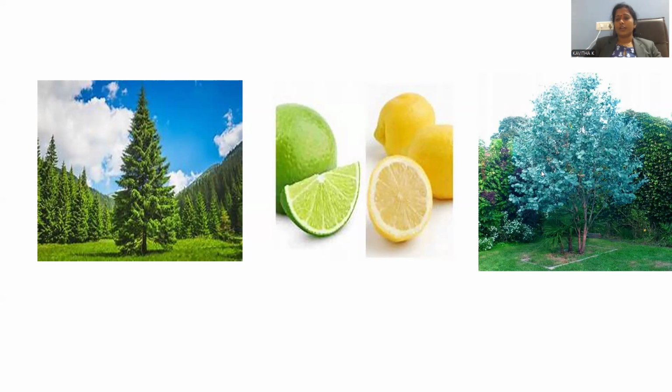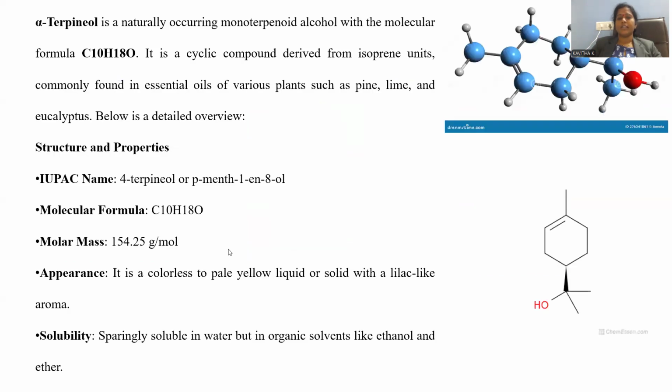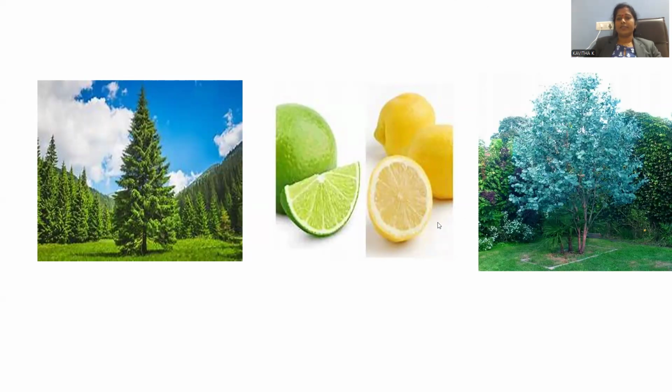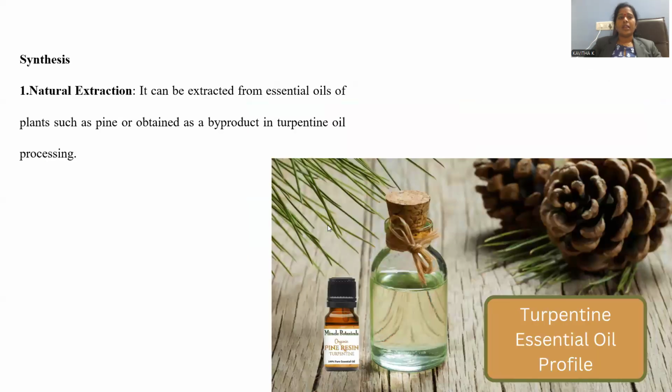The oil extracted from eucalyptus has the highest potential of medicinal value, and lemon is a prime source of vitamin C. All these are starting materials to extract alpha terpineol, being a natural compound that can be extracted from nature in this manner.